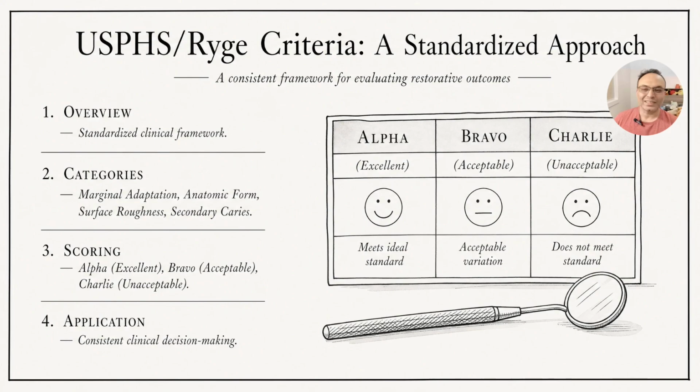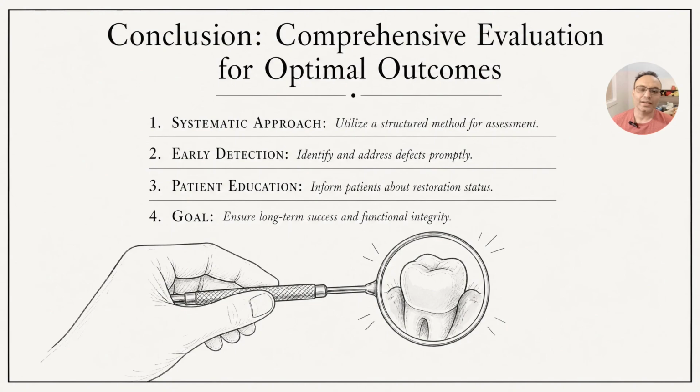Now, the conclusion here is that when we use this systematic approach, you will not just be able to evaluate your preparations for your exam preparation, but when you are working clinically, you will be able to assess patients' restorations that have been done long in the past, and you will be able to convince them why their amalgam restoration requires replacement.